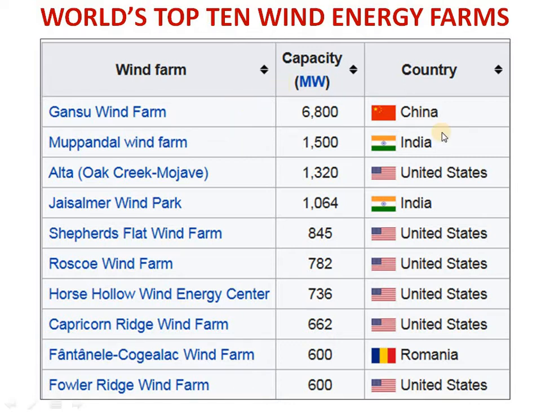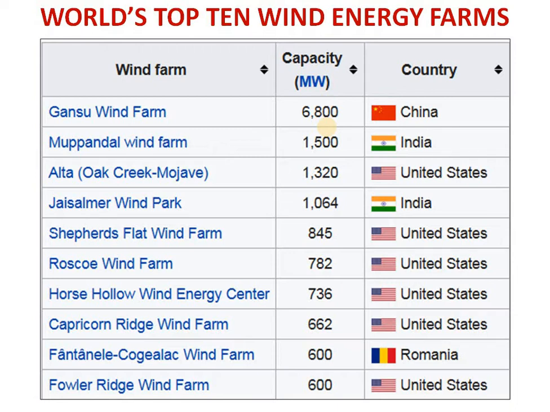China is at the top with the highest electrical generation from wind, with a value around 6,800 megawatt. Just below that, India stands with the biggest wind energy farm, located in the Kanyakumari district of Tamil Nadu, known as the Muppandal Wind Energy Farm.